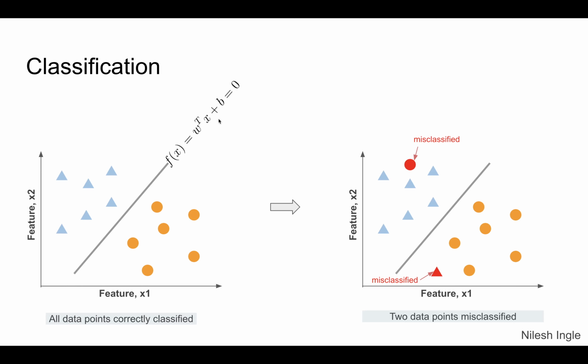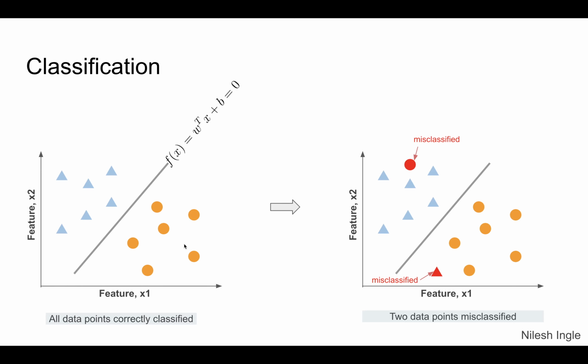Now all the data, this could be a positive class and this could be a negative class. Now a misclassified data point is such as shown in the figure on the right, where we have this circle which is a negative class, but it's on the positive side right here with the triangles, and the triangle is on the wrong side with the circles.